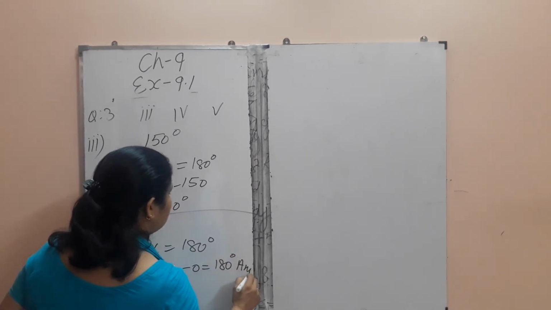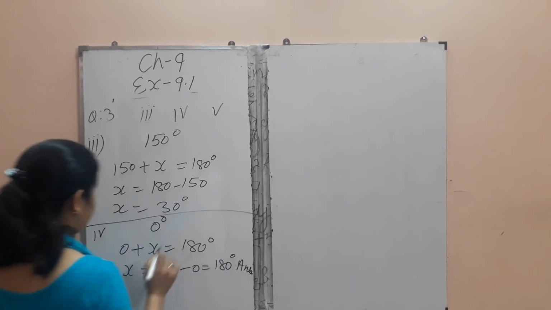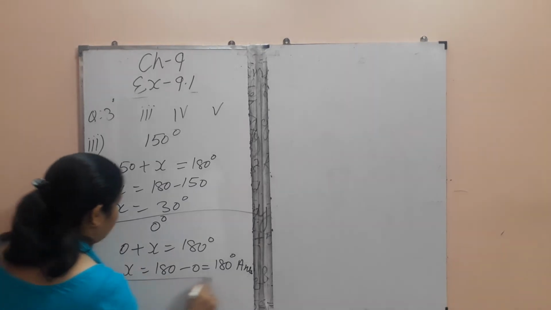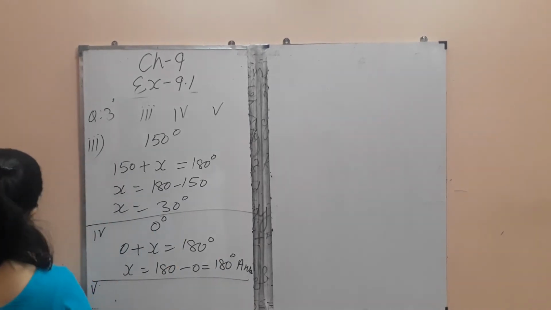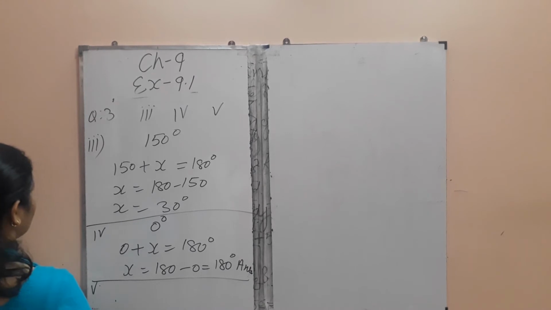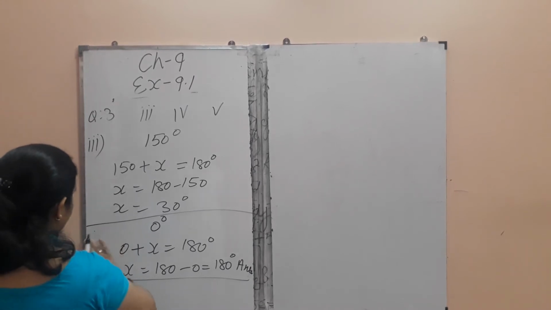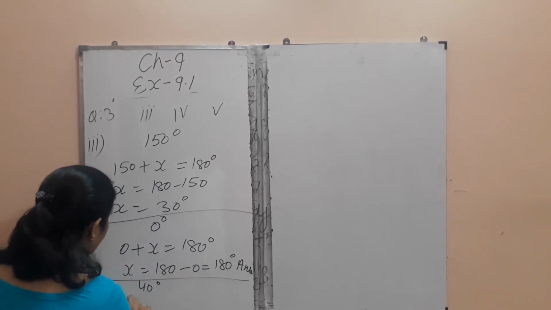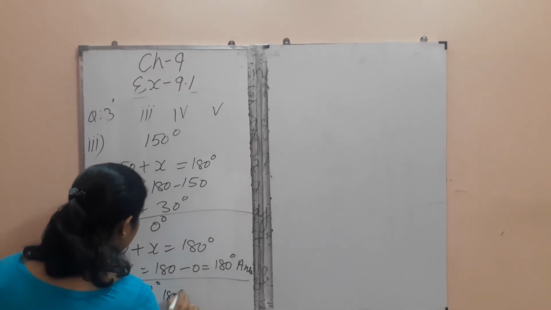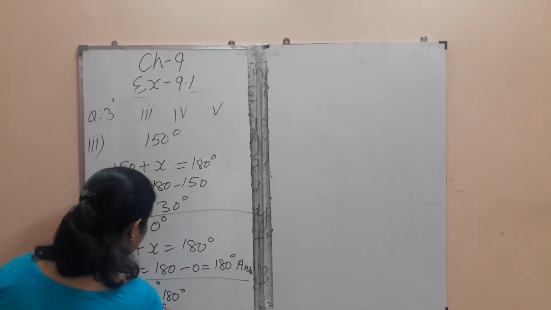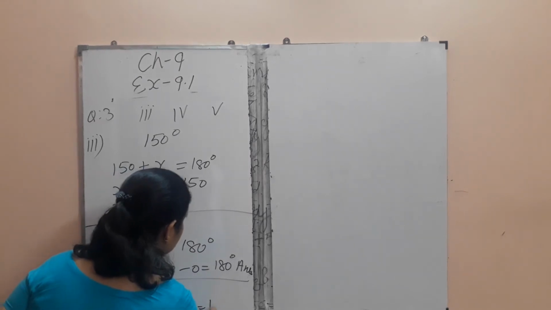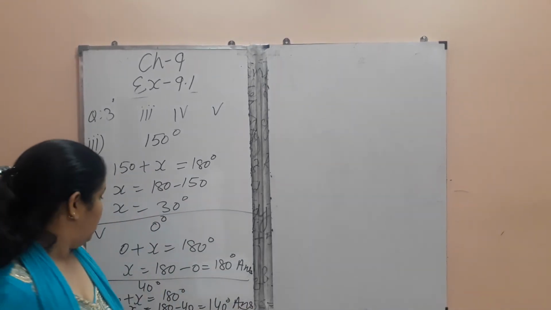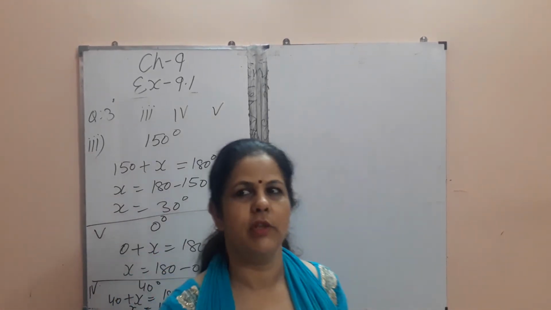So 180 is the supplement of 0. Now the fifth part is 40 degrees. So 40 plus x equals 180, x equals 180 minus 40 equals 140 degrees. So like this we will find the supplement of any given angle.